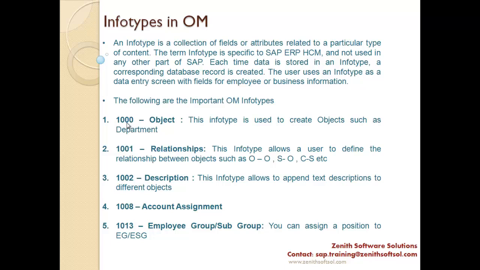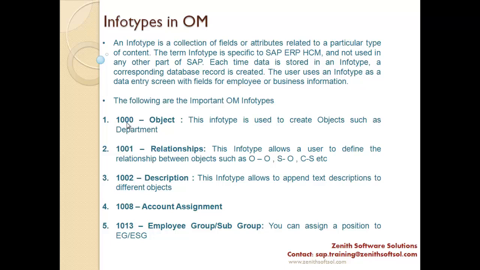Now the next info type is 1001, which is nothing but relationships. What is a relationship? We already covered it in the previous lecture. The relationship could be between org unit and org unit, between position and org unit, or between job and position, and so on. Now the next info type is 1002, which is description.